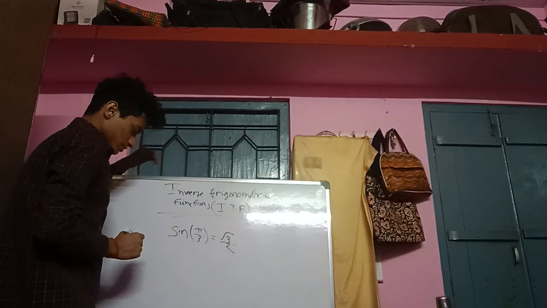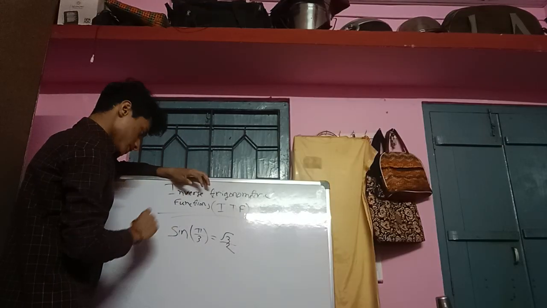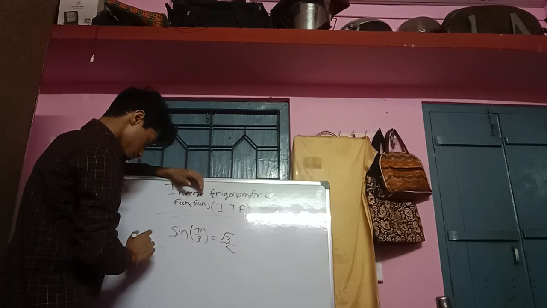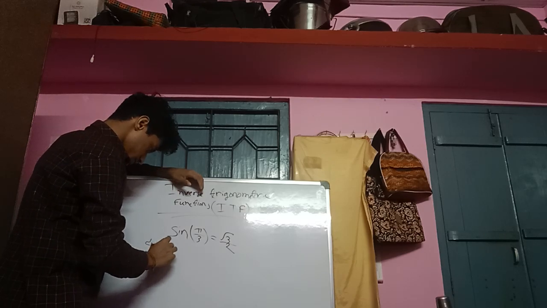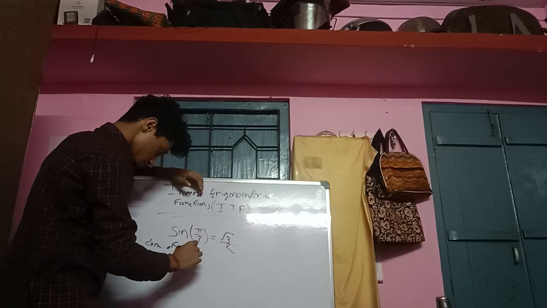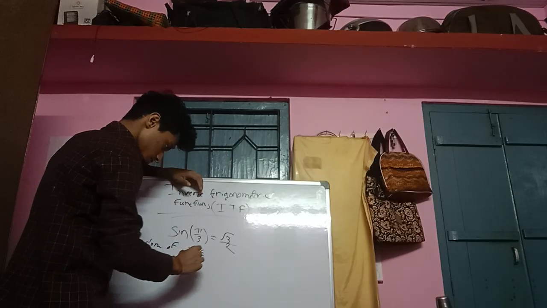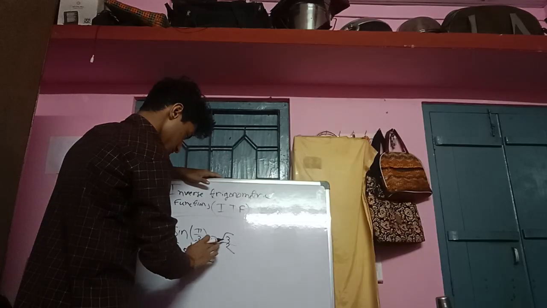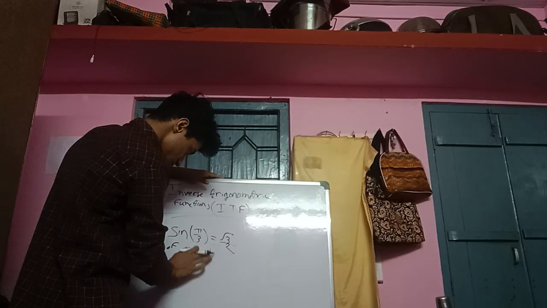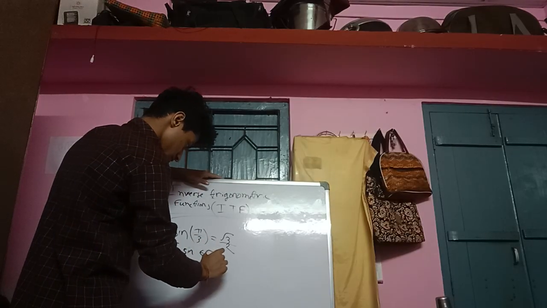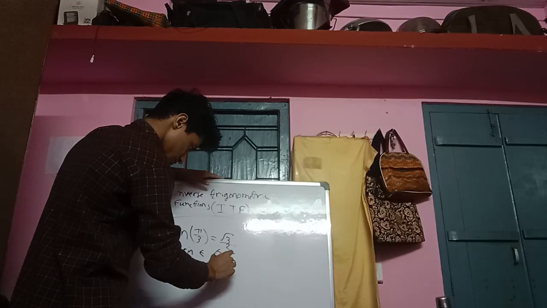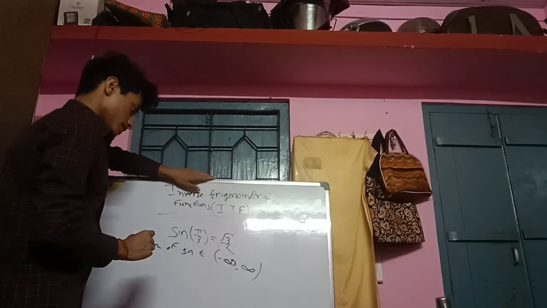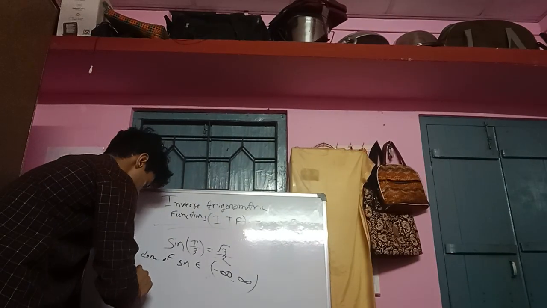So for this sine function, domain is any real number. So domain of sine function belongs to the set of negative infinity to infinity. Okay. Now range. What is the range of sine function?